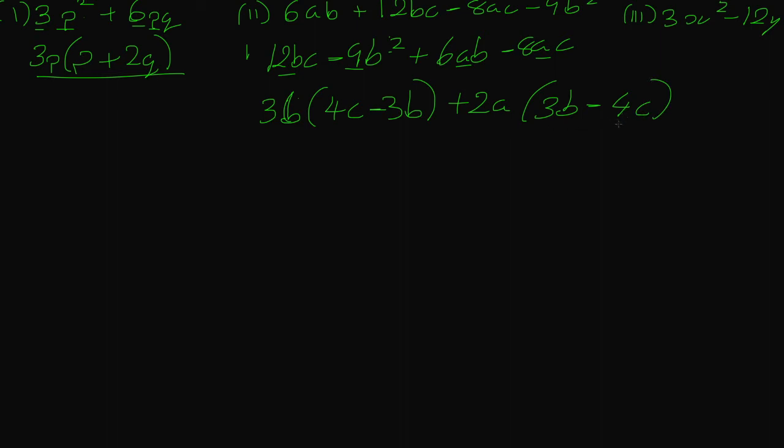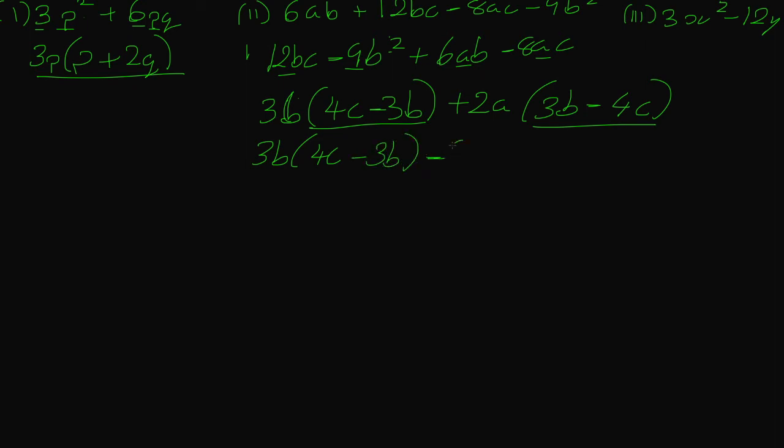Okay, so we have the same ones here, but we have them with different signs, so we just need to flip them around. So we'd have 3b, 4c, because we want these two parts to match up, to be the same, so we can factorize, minus 3b.